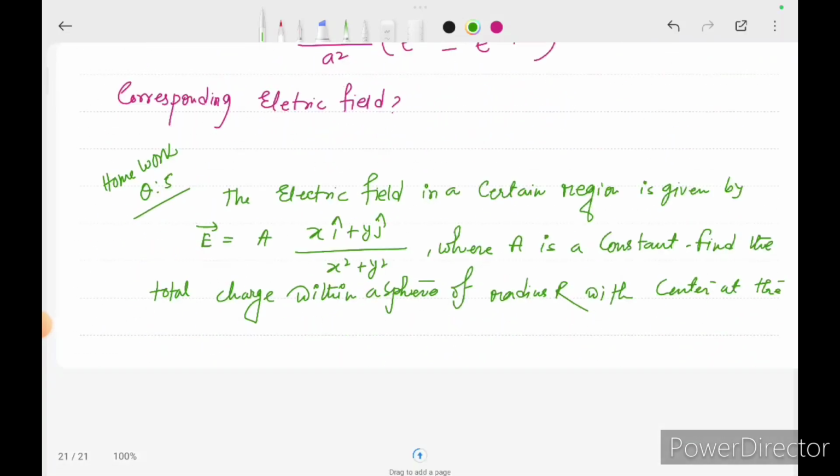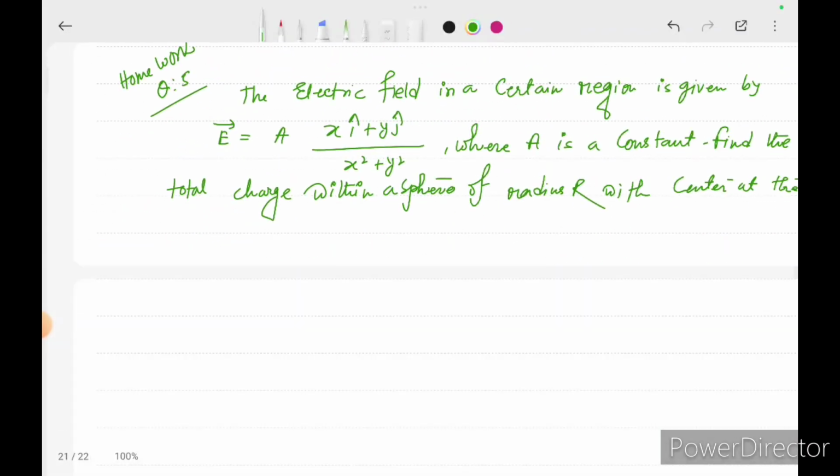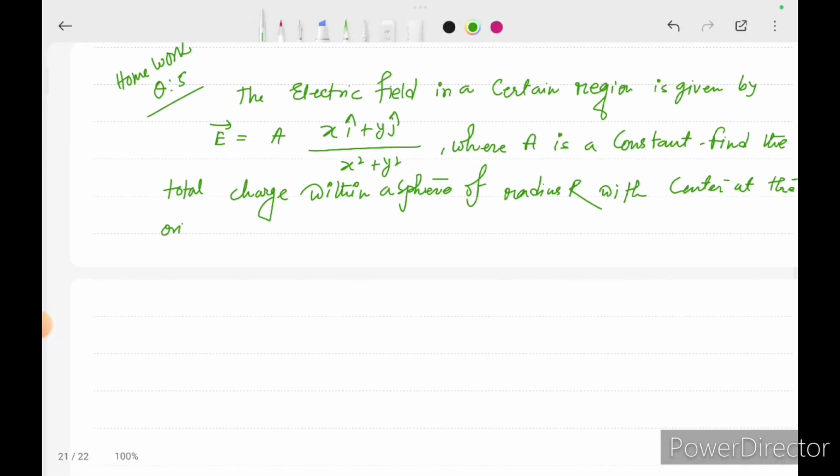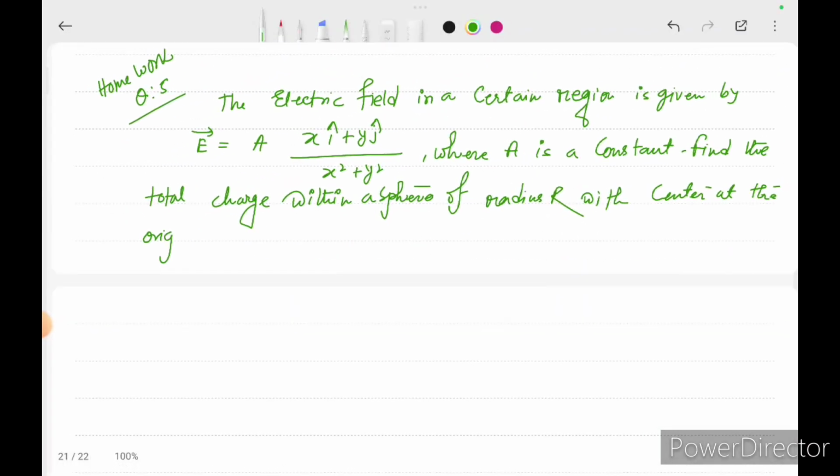Okay, with center at the origin. Okay, so this is your another homework. So try to solve these two questions.